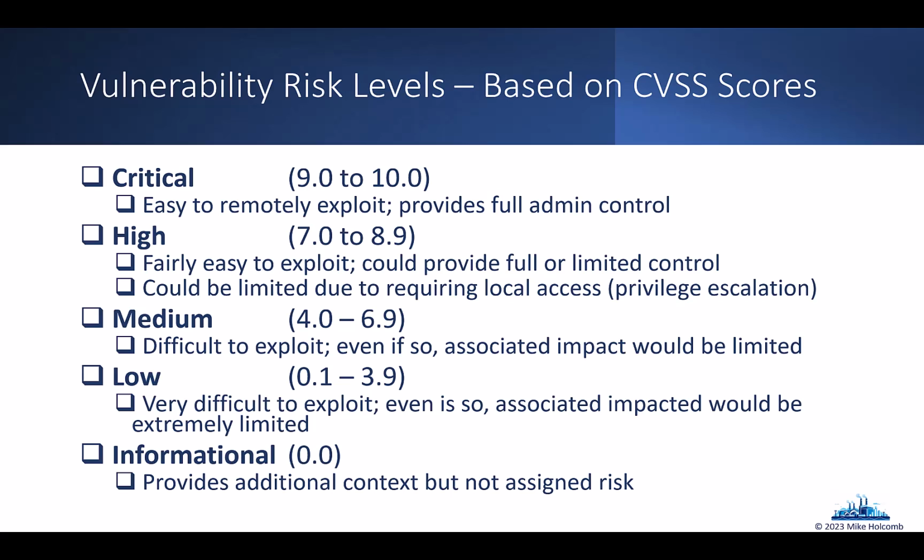Now with highs, those are still fairly easy to exploit, but it's probably going to take some technical knowledge, and it's not just a free tool you can download off the internet, like with criticals. Maybe you do exploit the system successfully, but when you're logged in, you're not logged in as a full administrative account.